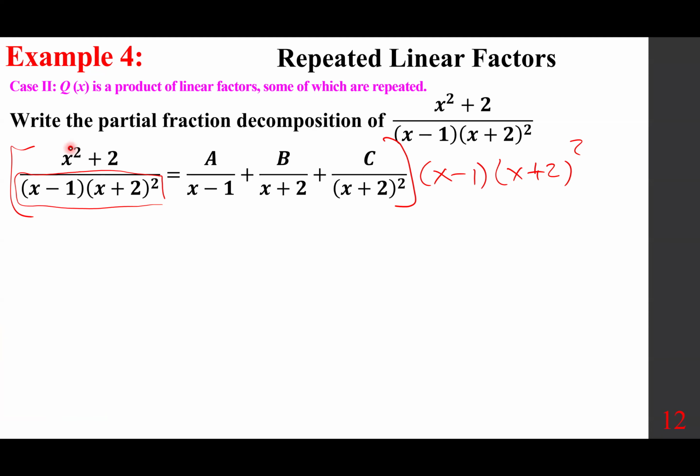The left side is x squared plus 2. The right side, a times x plus 2 squared. B times x minus 1, it has only x plus 2, so there's one more. So b times x minus 1 times x plus 2. And then c has x plus 2 squared at the bottom, just x minus 1.